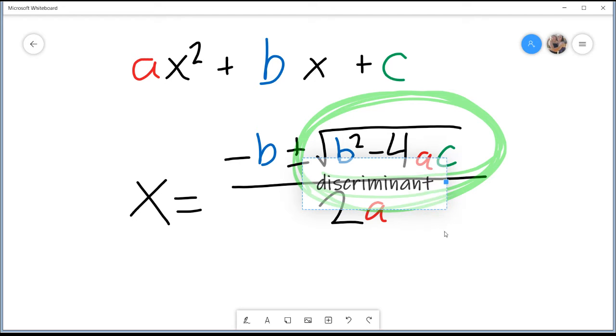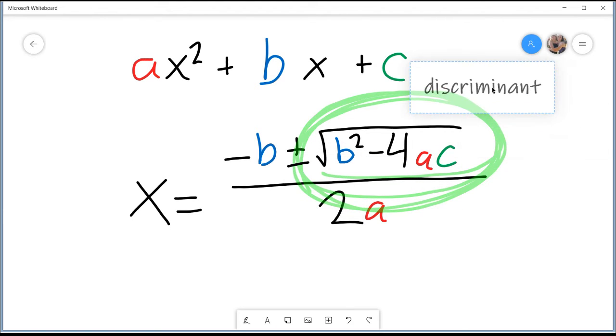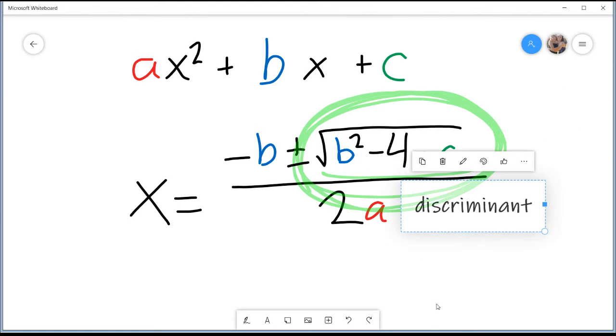Discriminant is spelled like this. And in the discriminant, that's where you're going to be able to tell if your equation has two solutions, one solution, or no solutions. And you can tell based on the properties of square roots.